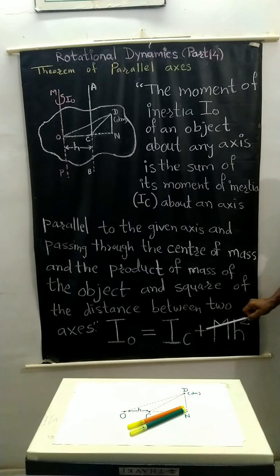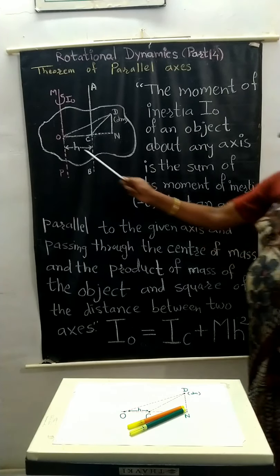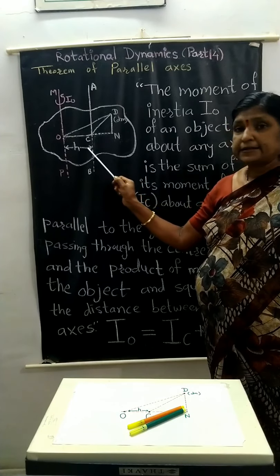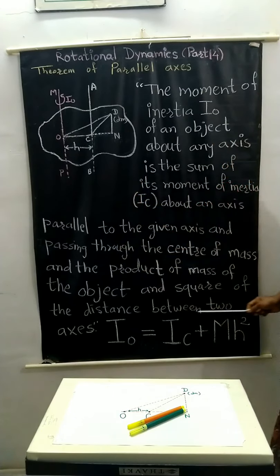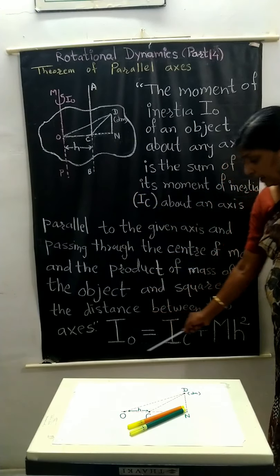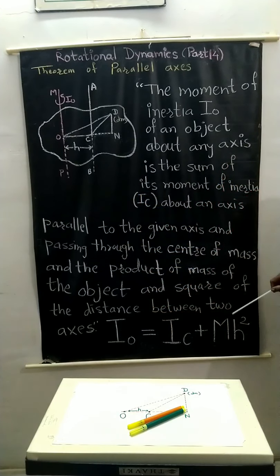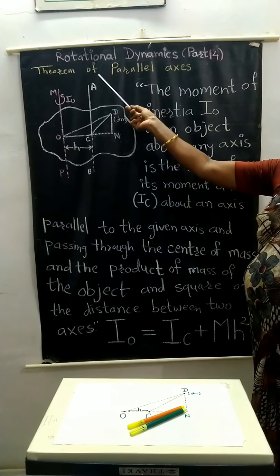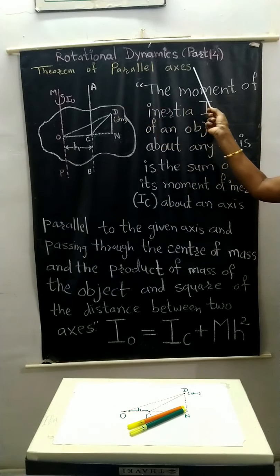M is the total mass of the body and h square is the square of the distance, rather perpendicular distance, between the two axes. So this mathematical statement, if we remember, then we can write down the statement of this theorem of parallel axis in words.